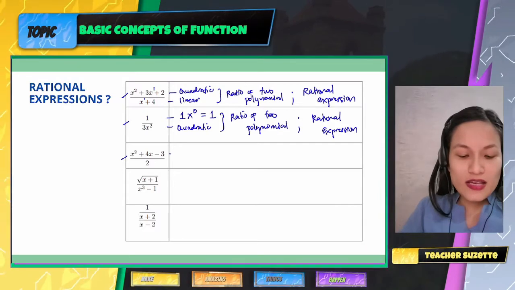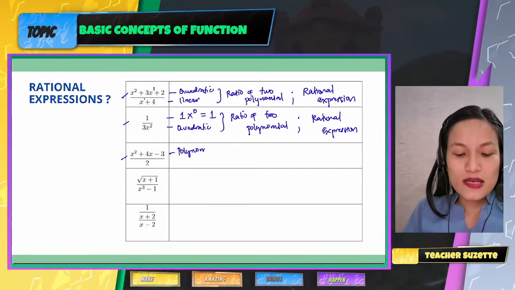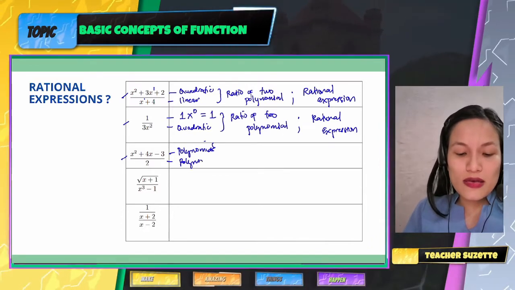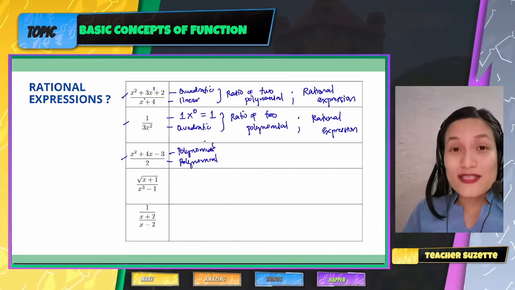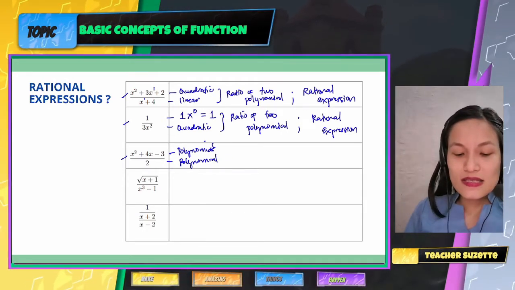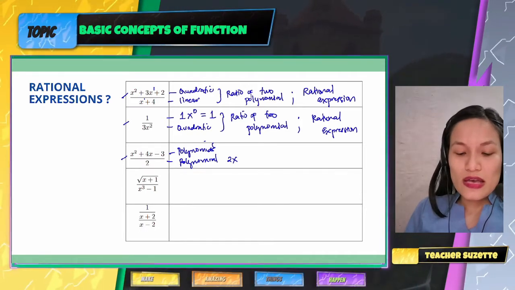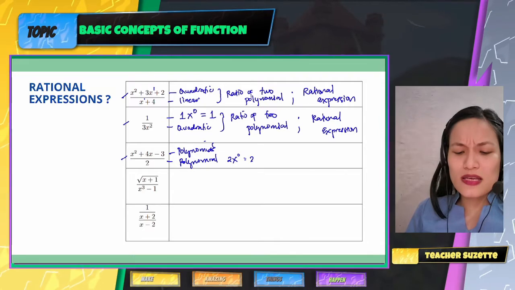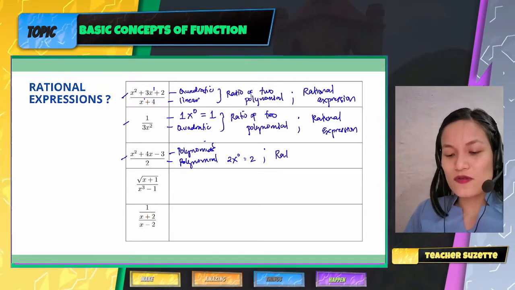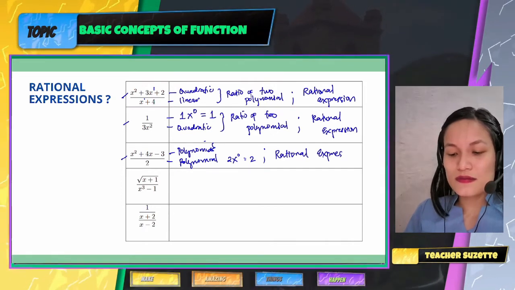So again, ang numerator natin is a polynomial and itong denominator natin is still a polynomial even though naka-constant lang siya. Remember that it can be expressed as 2x raised to 0, which is simply equal to 2. So again, this is another example of rational expression.